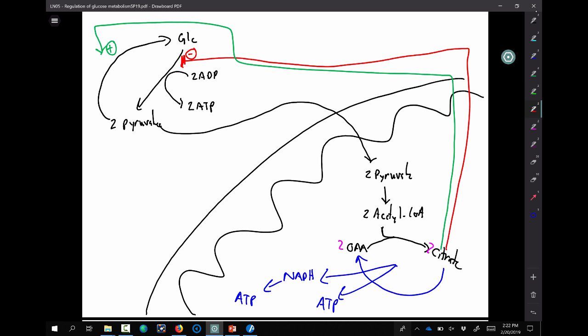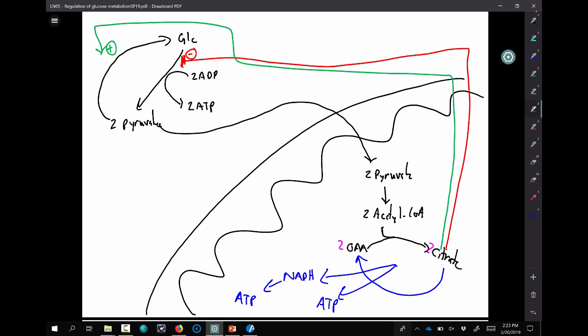Okay? Citrate is also an indication in the liver cell that lipid biogenesis is increasing. Okay, so one of the things that would be important in that regard would be to slow the production of pyruvate down, right? And you, again, store glucose as, let's say, glycogen or something like that in the liver.